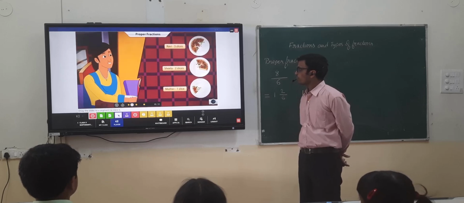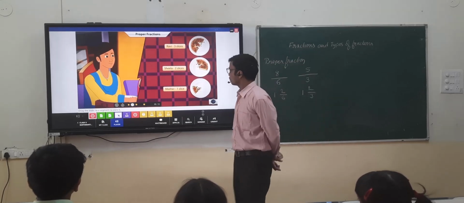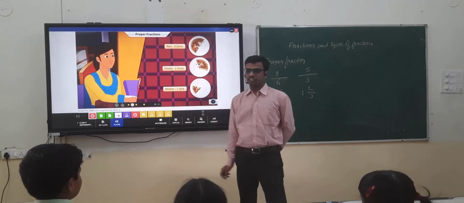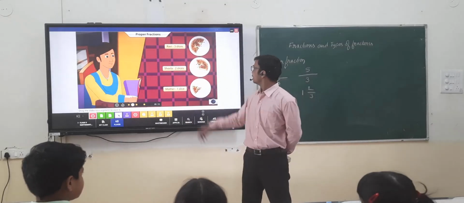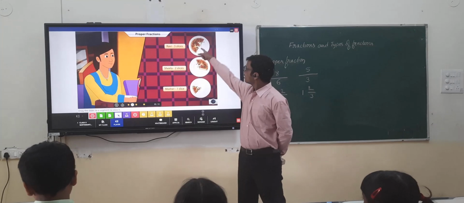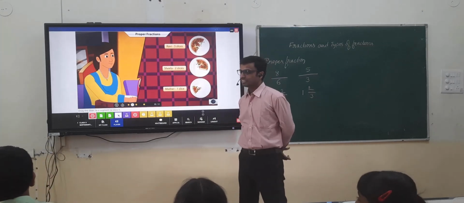But before you begin eating, can you tell me how you will represent the portion that you have on your plates as a fraction? Can you tell me now, before we play that one, have you got all the things so that we can do the recapitulation quickly? What fraction does it represent? How many parts are there on the plate? 3.